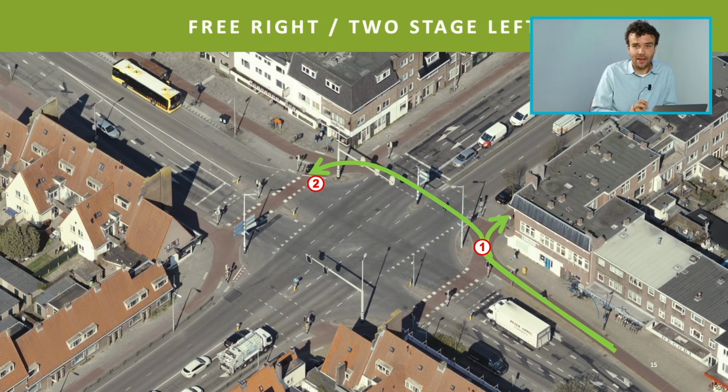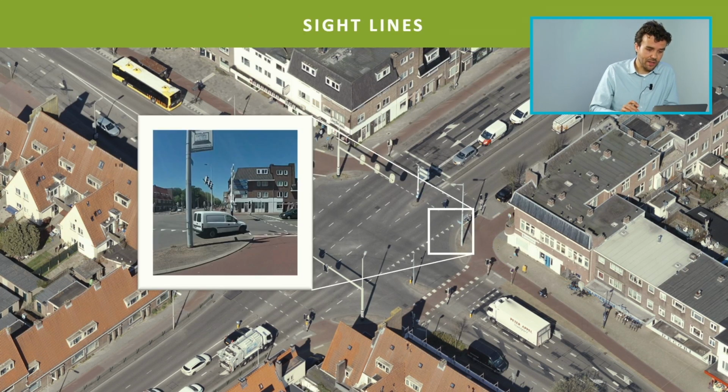Now that might sound like a nuisance for cyclists, and sometimes it is, but if you phase it well, so if the order of the light phasing is done to benefit cyclists, then you can get the green lights quite quickly following on from each other, which reduces the waiting time for cyclists. And at the same time, if you want to turn right, you don't have to wait at all. So that's design principle number 1 for protected intersection in action.